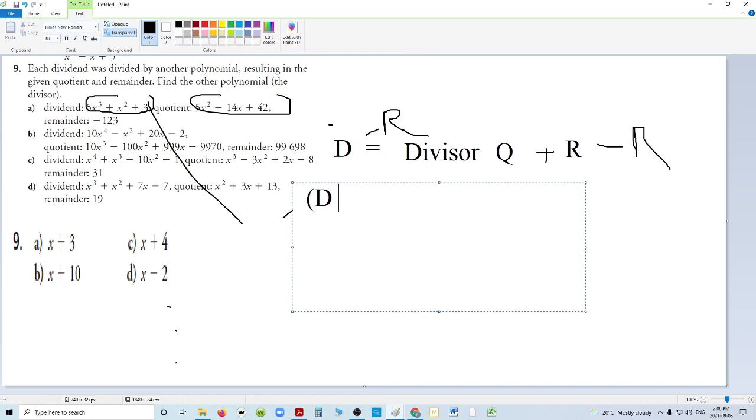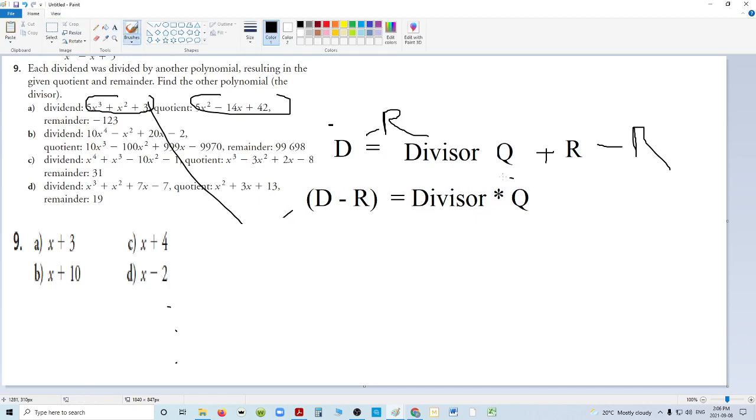So now we're left with d minus r is equal to divisor times q. And we're trying to get the divisor all alone. Well, again, this is a numerator. It's essentially over 1. So if I multiply by the reciprocal 1 over q, or in other words, if I divide both sides by q, that's what multiplying the reciprocal does, I will get rid of the q on the right side, and it will become a denominator on the left side.